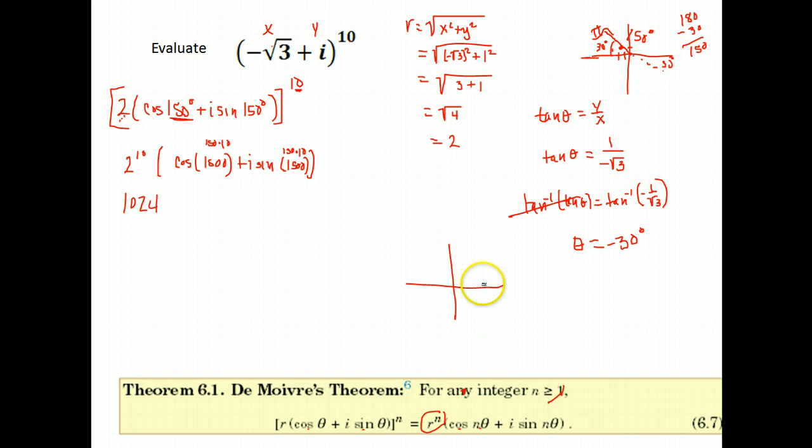Okay, well, 1500 means we must have gone around the circle several times. So to find out how many times, I'm going to divide it by 360. And I get it goes around 4 times with a little bit left over. So our angle started and went around 1, 2, 3, 4 times, and then went up a little bit further, right?